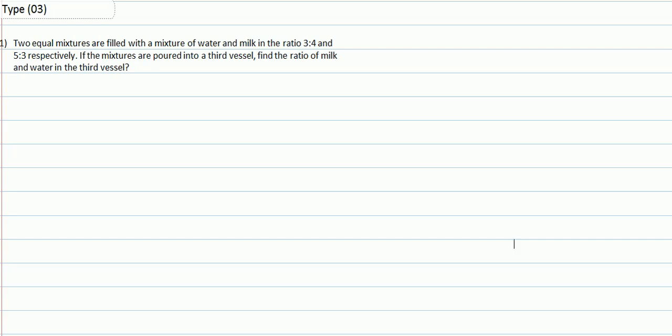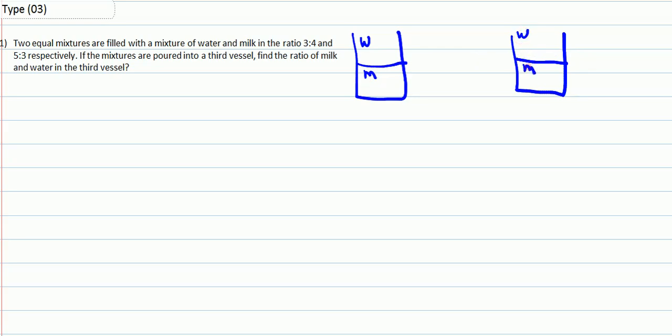So guys, the question says that we have two vessels. Let me draw this up for you. So we have two vessels, and each has a mixture of water and milk. So water and milk here, and here also water and milk.